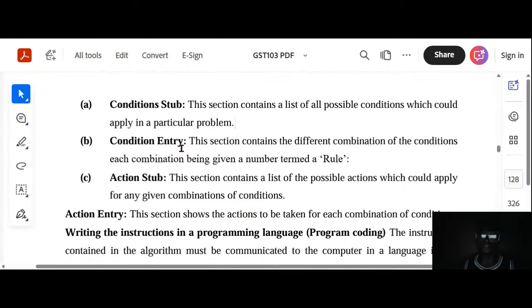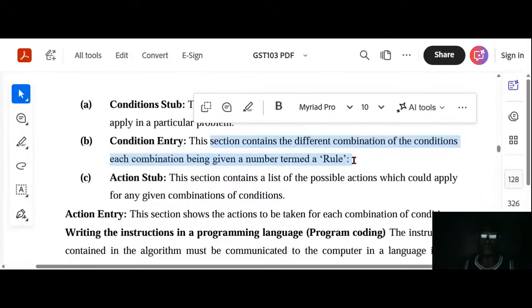Then we have the condition entry. This is a section that contains the different combinations of the conditions, each being given a number termed rule.